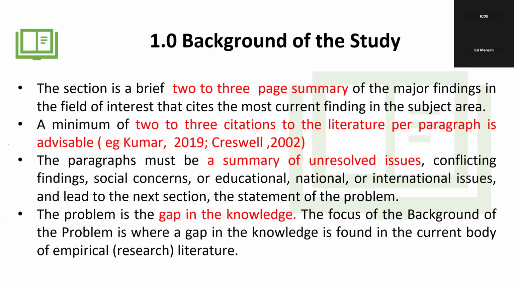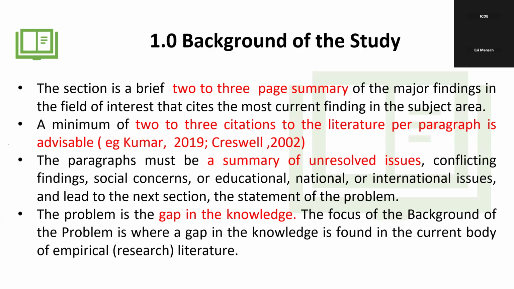Now, in terms of structure, the background should not be more than 3 pages at your level. It should not be more than 3 pages, and it should not be less than 2, so between 2 and 3 pages. You should use the most current findings and have citations.